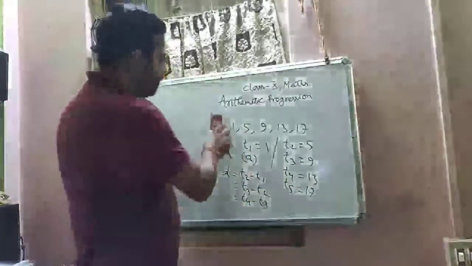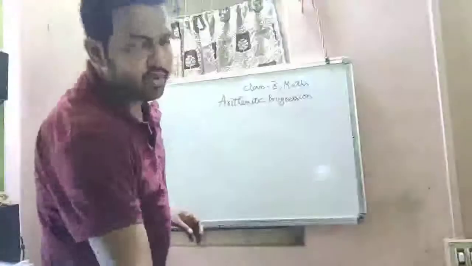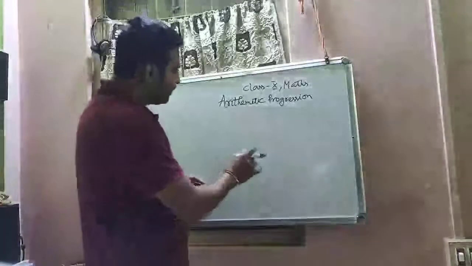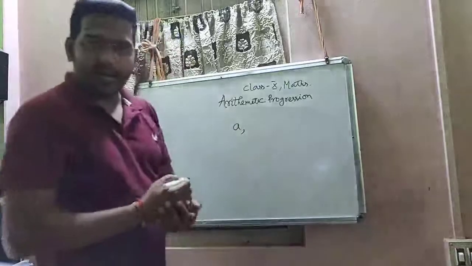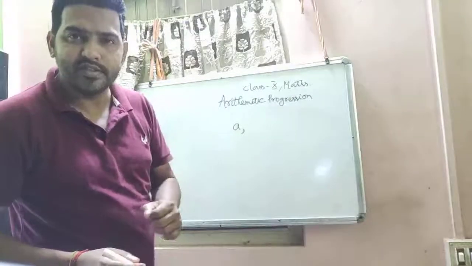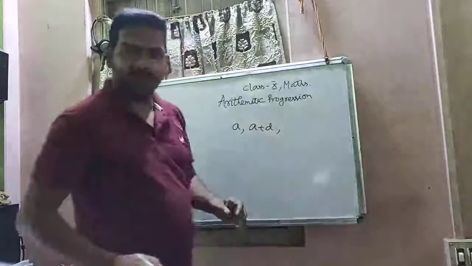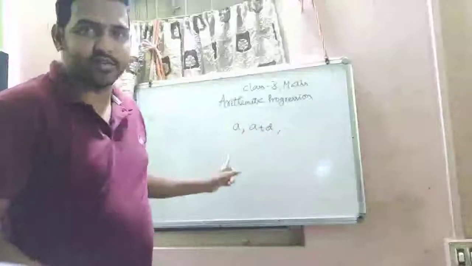Okay, so now let me write in other way so that we can form the first formula of AP. See, if the first number is written as A, how to write the second number? As we know, the difference is D. So can I write A plus D? Is it? Because the second number is D more than the first one.